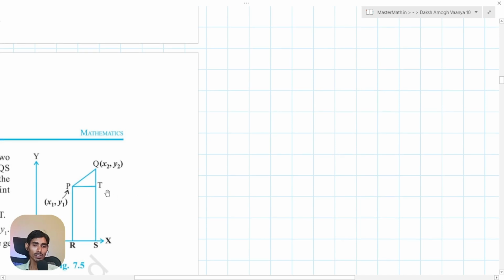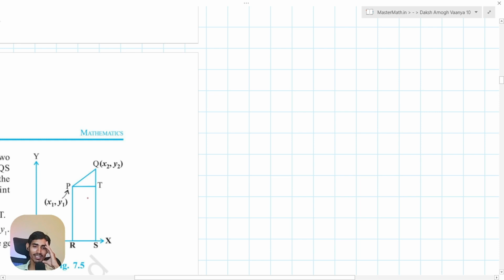X and y coordinate for the T. Yes, Naveen. Sir, the coordinate for T is 6, 6. You're absolutely right for that one, but tell me for this. It's not 6. It is something else.